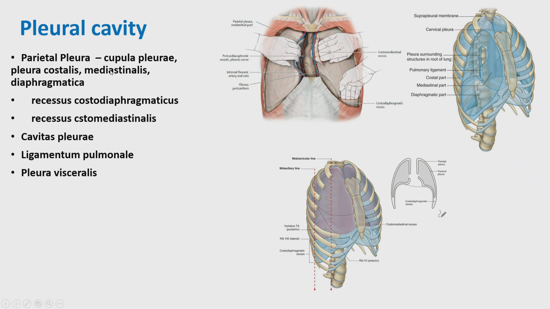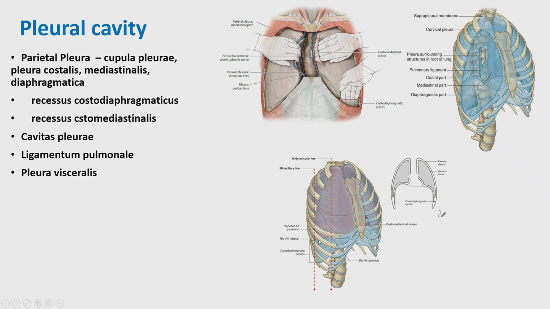The place where the mediastinal pleura and diaphragmatic pleura connect together makes the recess called the costo-mediastinal recess, and the place where the costal pleura and diaphragmatic pleura connect together is called the costo-diaphragmatic recess.